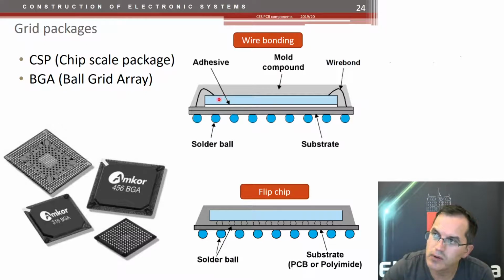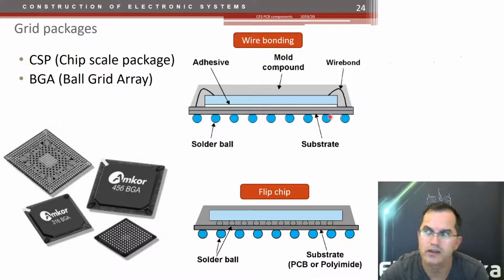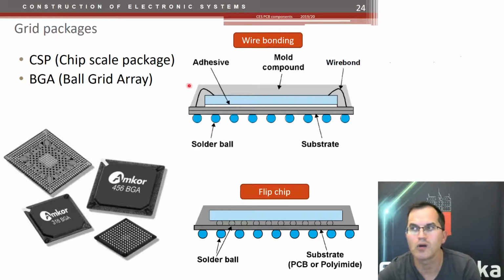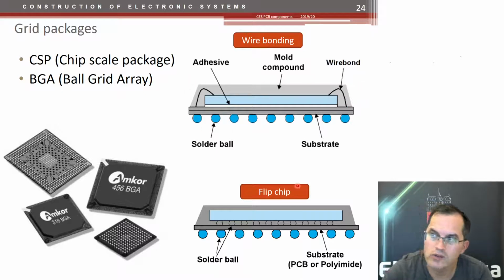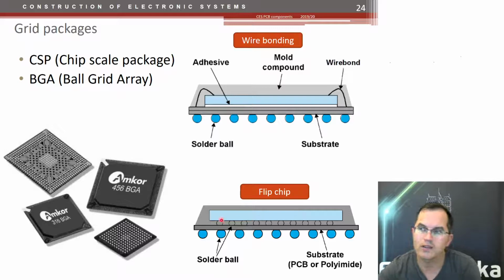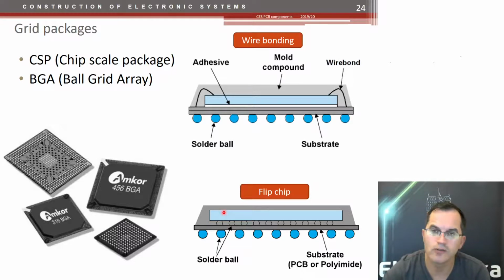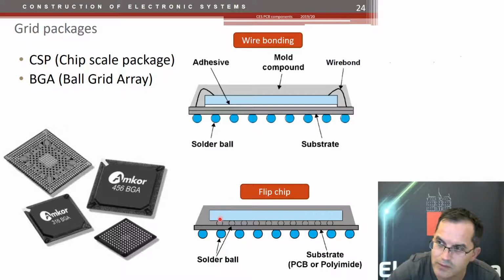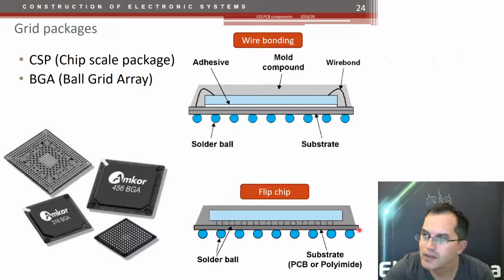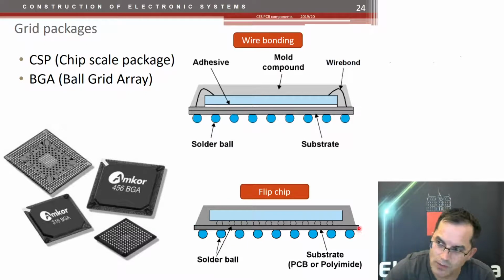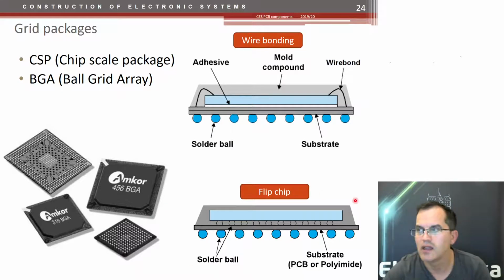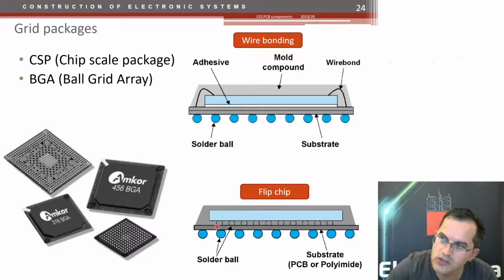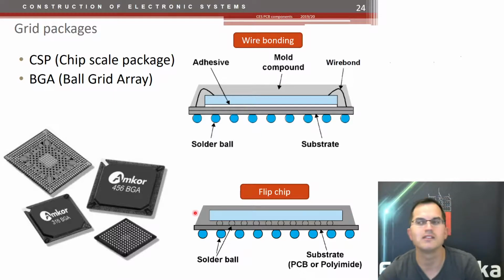Either the chip is bonded with wires inside this package to this small PCB on the bottom, and then the solder balls are applied, and this would then be the whole package. Or you can use flip chip technology, when the contacts are directly on the surface and you flip it upside down, you put small solder balls here, and then a small PCB with bigger solder balls on the bottom, and this is then a BGA in a bigger BGA, I would say.